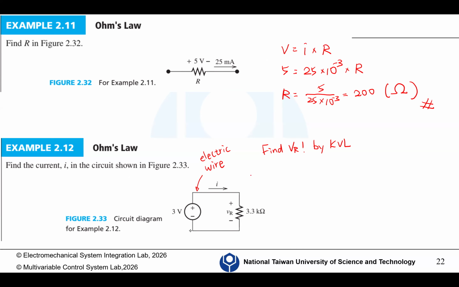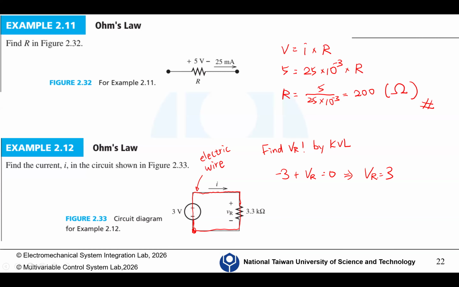I always start from the bottom left corner and go clockwise. When I meet a negative sign, it's minus 3, and then this is positive VR, and then going back to the same node equals 0. So we know VR is 3.